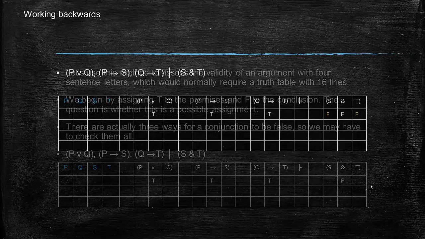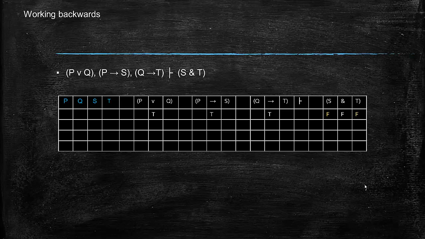Okay, so we've got false, false here. We'll start with this one. And then you'll notice that when we put false under S and false under T, that makes us assign F here, and you've got to assign F here and F here.